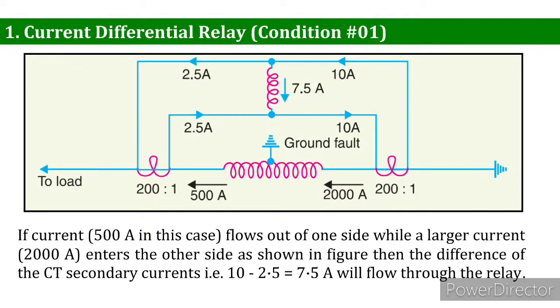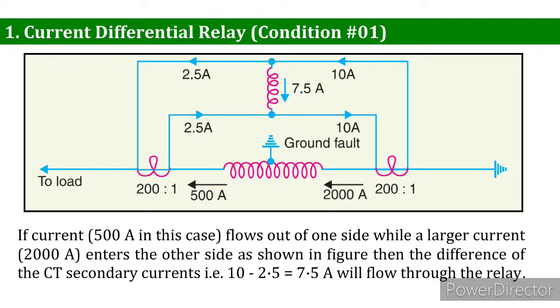In simple words, the 7.5 is the difference that will flow through the relay. If the system is set to a predetermined value higher than 7.5, it will not operate.